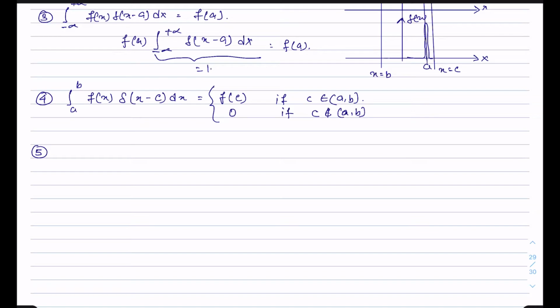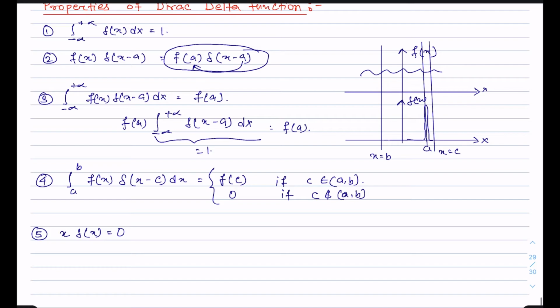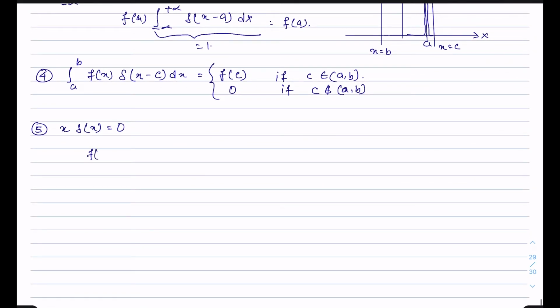Our next property is x times delta(x) is equal to 0. There are various ways to prove this property, but let's consider this one. f(x) delta(x minus a) is equal to f(a) delta(x minus a).